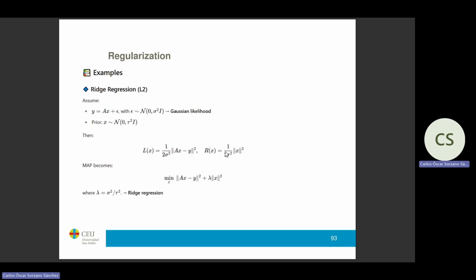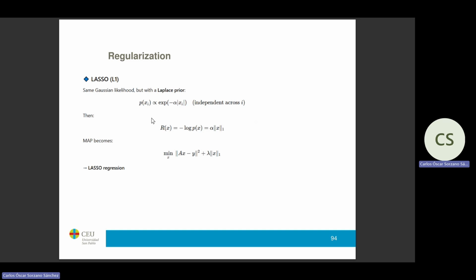So it will come to this one. Okay, and then the maximum a posteriori, these are scalar factors in minimization. Again, you don't care about those. And then it is this one. Lambda is combining the two. Any question?